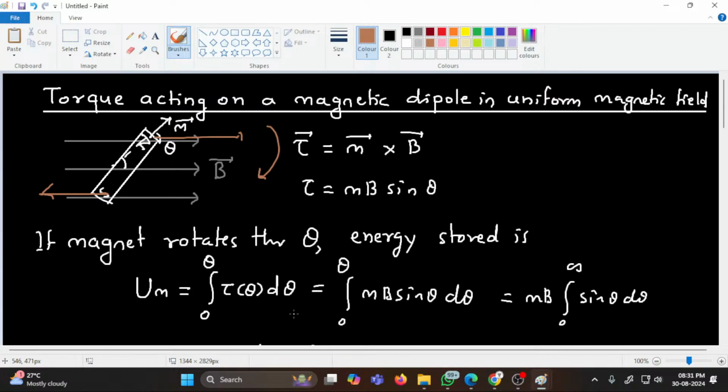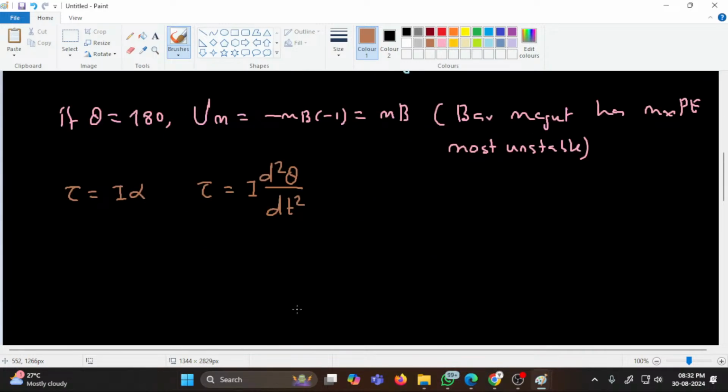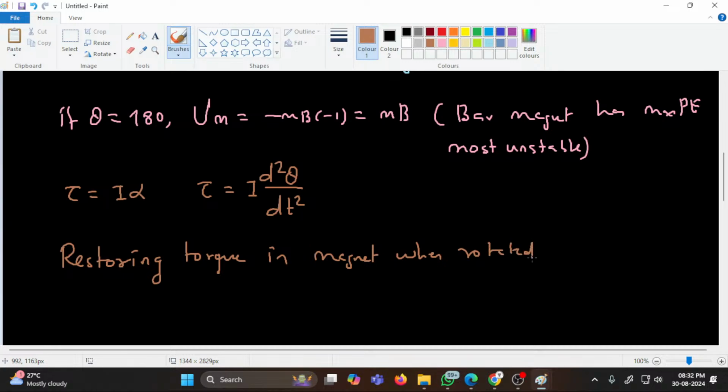Now if one tries to rotate the magnet anti-clockwise through an angle d theta, then we will have a restoring torque. So the restoring torque developed in the magnet when rotated by angle d theta in the opposite direction, so that tau is equal to minus mB sin theta.